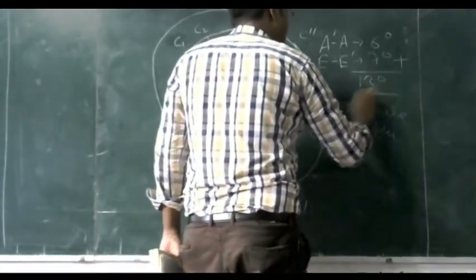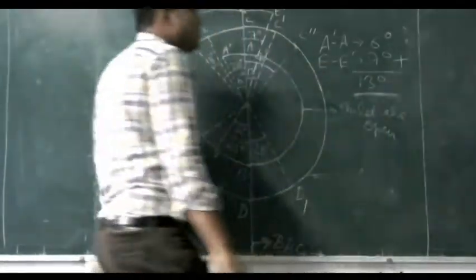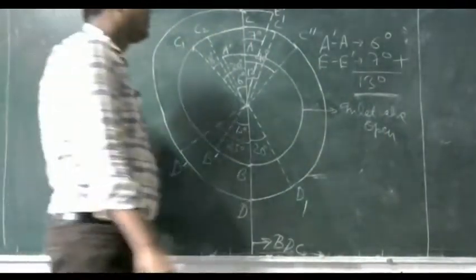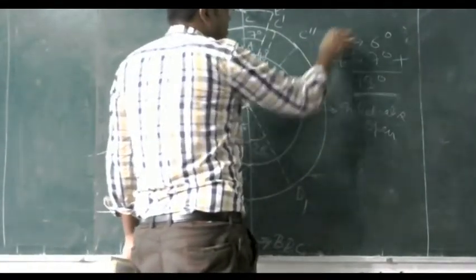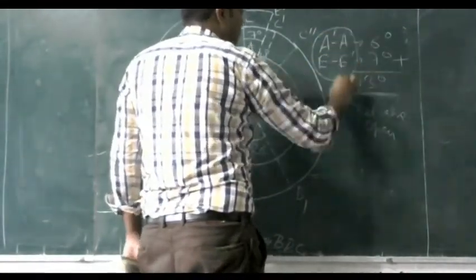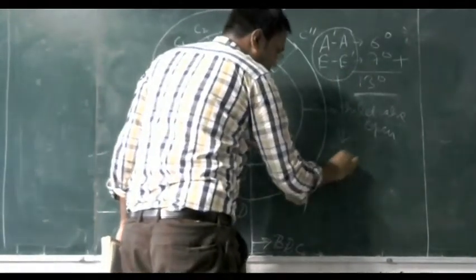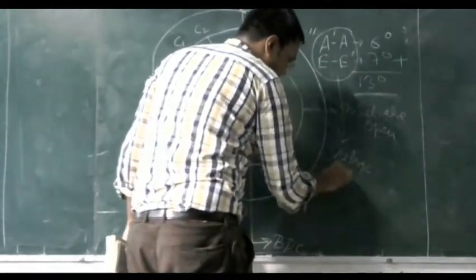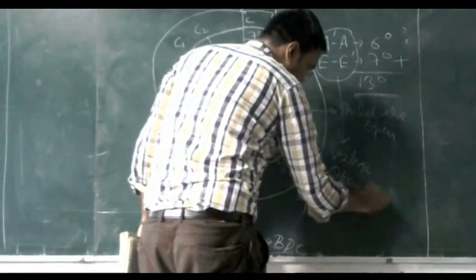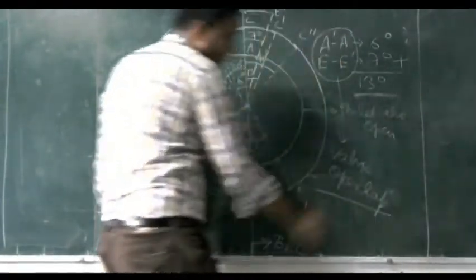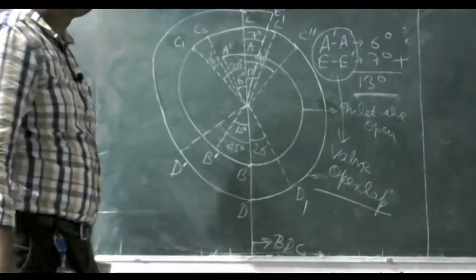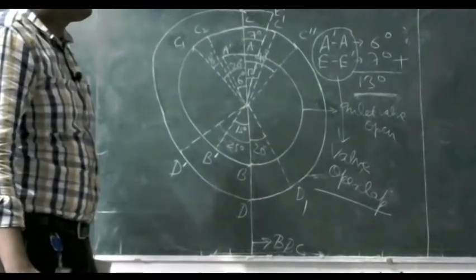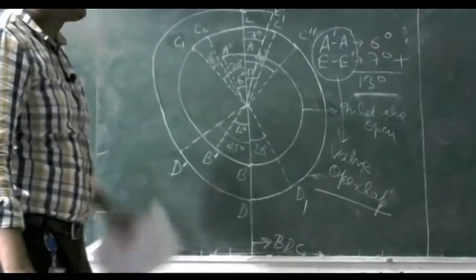So for this 130 degree, both valves remain open. This area, from A dash to A and E to E dash, is known as valve overlap. So this is the actual valve overlap diagram.